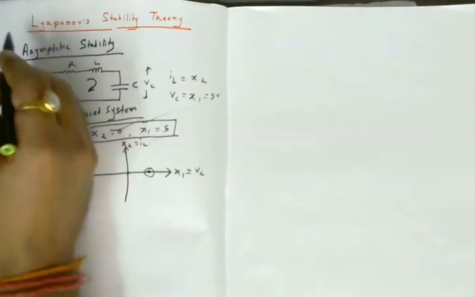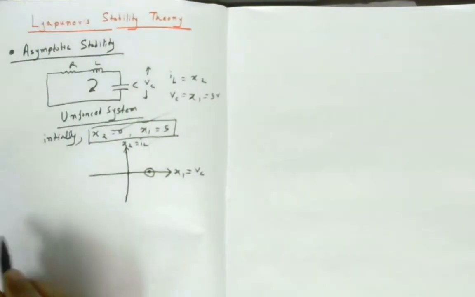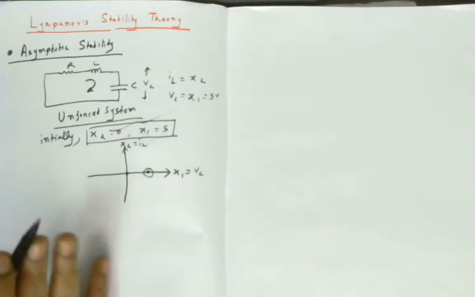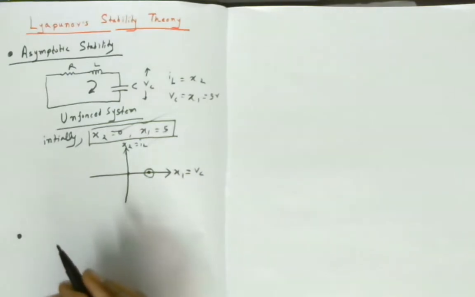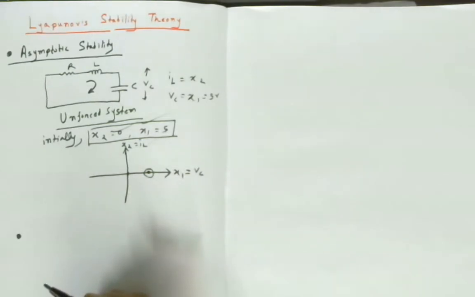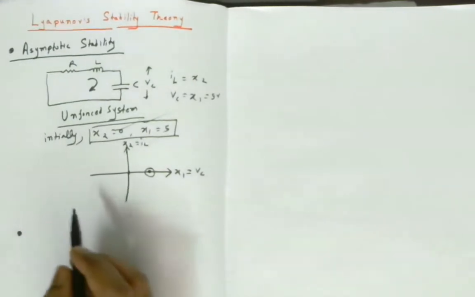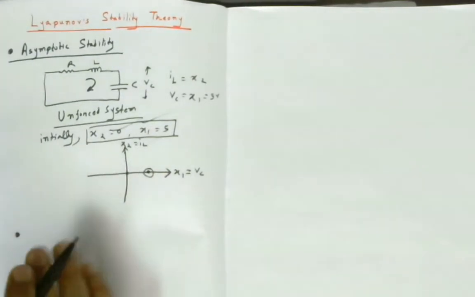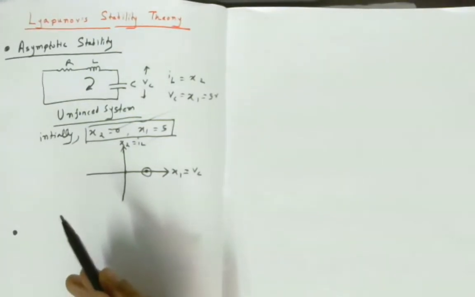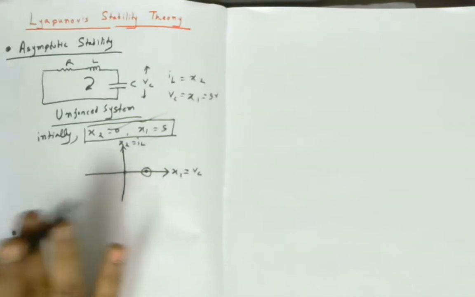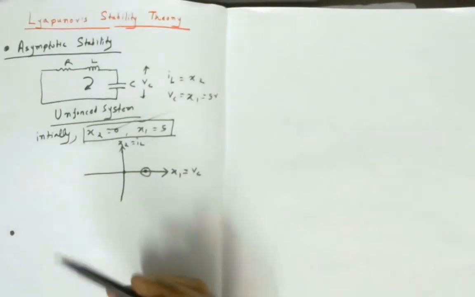That's the first point I explained to you. Another important point is my observation, which I'm sharing with you so that when I start my Lyapunov stability theory, you can relate this observation with the importance of Lyapunov stability theory.